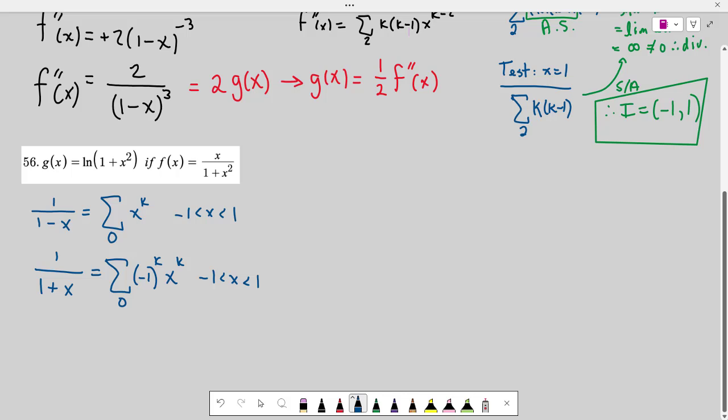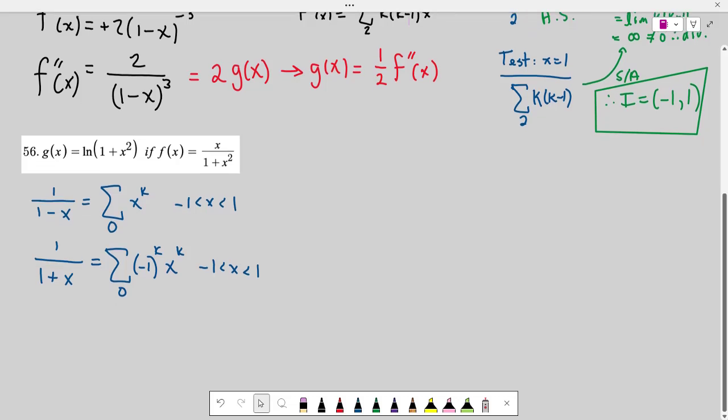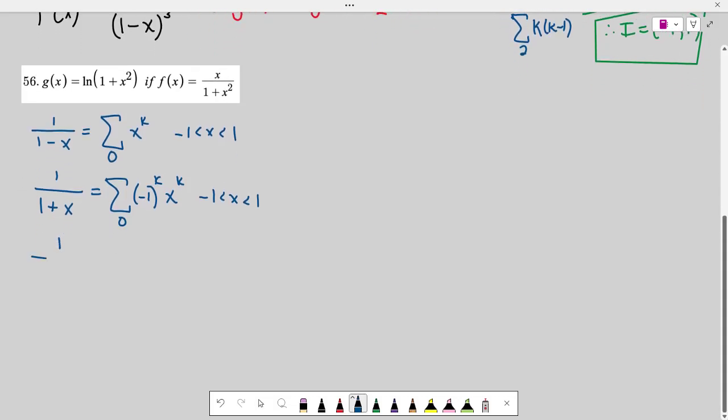So nothing has changed with the interval of convergence. And then we replace x with x squared. And if we replace with x squared, we already looked at that a little bit. That's not going to change the interval of convergence.